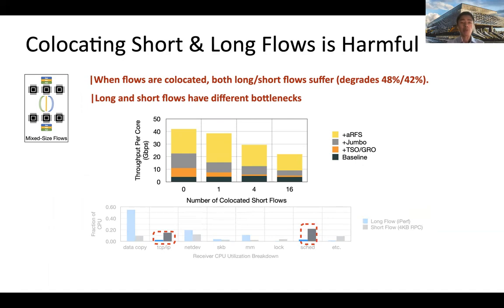Immediately, we see the performance bottlenecks are very different. TCP and scheduling overhead increase as we decrease the flow size. We also find that the data copy overhead contributes less in short flows, which potentially means DDIO won't improve the performance of short flows as much as long flows.